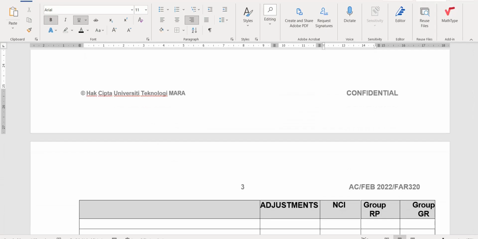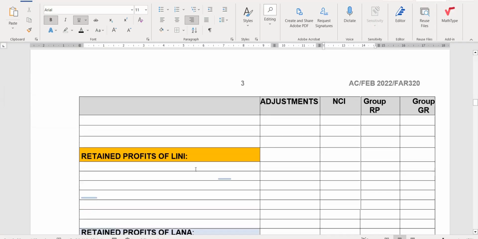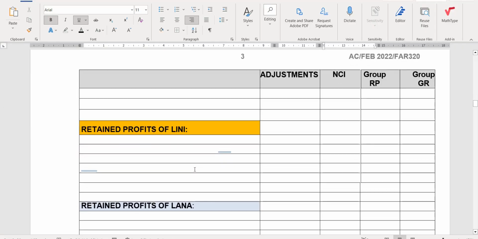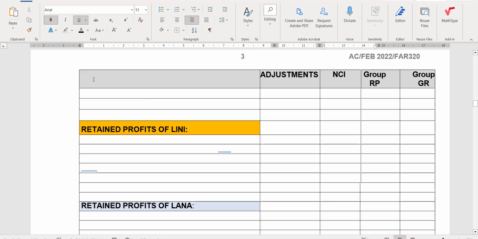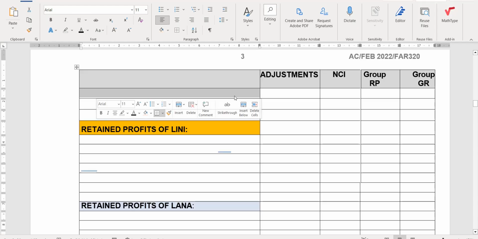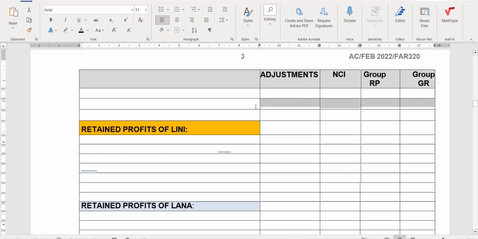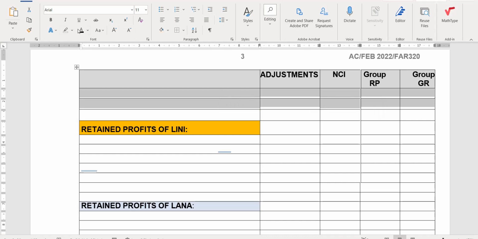So now we will move on to do this portion of the preparation of the consolidated statement of financial position, which is the schedule. I've already prepared this, but I will start off with the simple one first. I will include the non-controlling interests. Earlier we have already calculated the non-controlling interest on the date of acquisition.